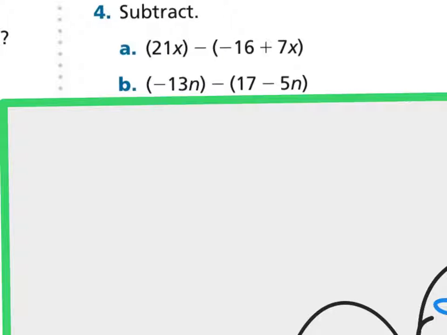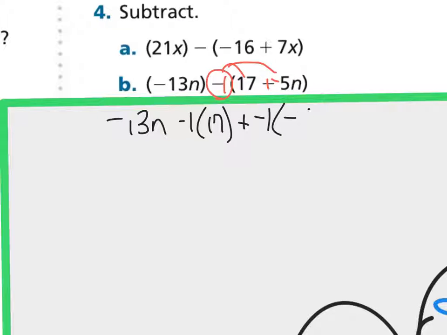If we choose the option of putting a 1 here and then distributing a -1, it's probably a good idea to add the opposite inside the parentheses. So we've got -1 times 17 and -1 times -5n. -1 times 17 is -17, and -1 times -5n is a positive 5n.